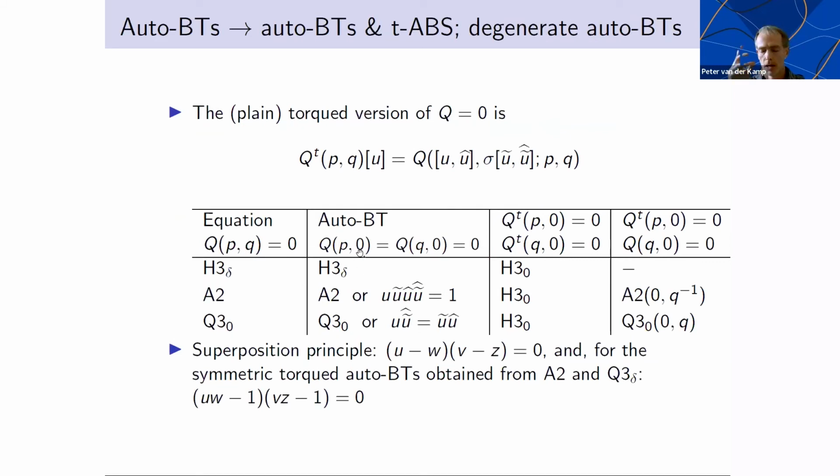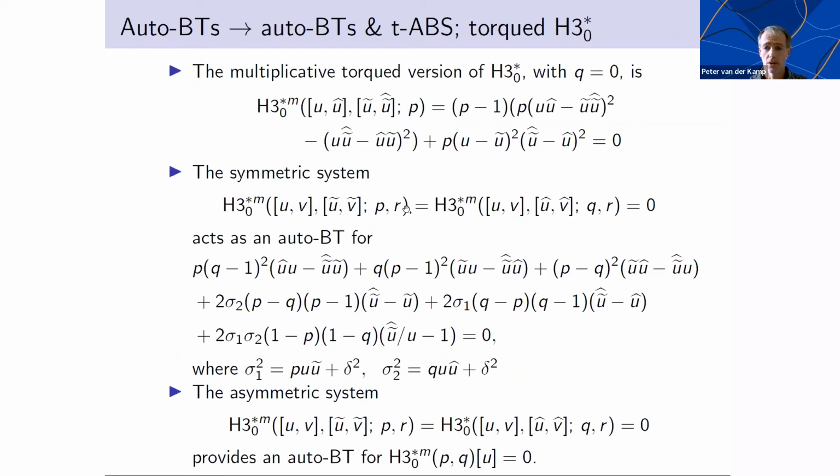Yes, so I applied the technique of torquing to the natural auto-BTs. You can apply it to non-natural auto-BTs. These are degenerate. This is the table there. And you can apply it actually to this multiquadratic equation, H3 star. In our case, we have this torqued version of that equation.